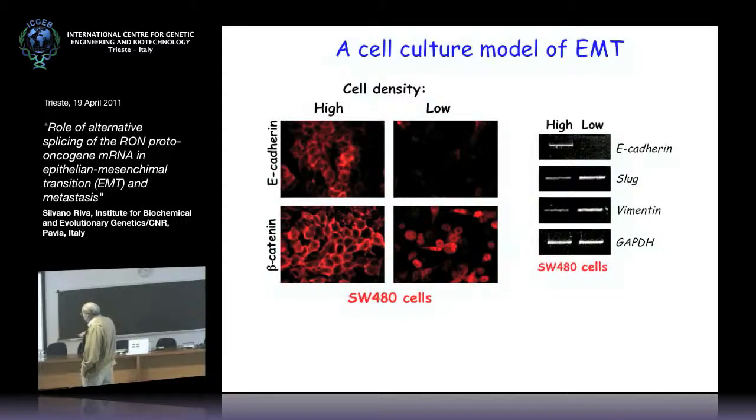Cells at low density are of the mesenchymal type. In fact, you can see there is no E-cadherin at low density. It is an association marker. And for example, beta-catenin, which is normal in the cytoplasm, moves to the nucleus. These are just hallmarks of this transformation.